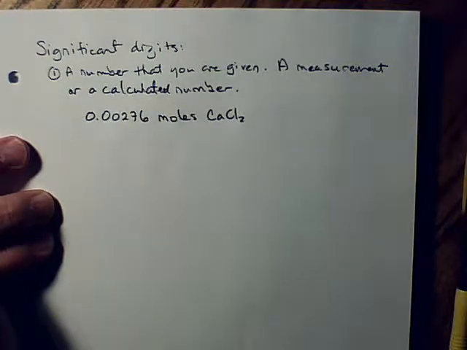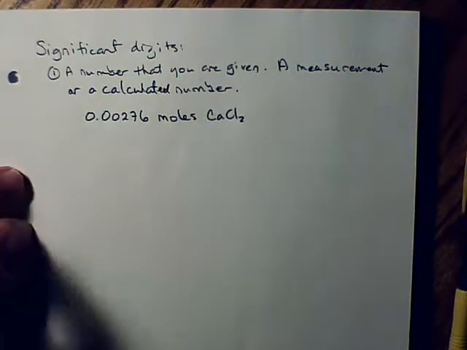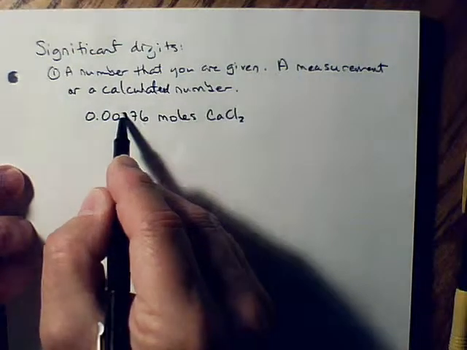And if you're just given this number, this is a measurement. Actually, it's a calculated number because you cannot measure moles directly. Okay? You can measure things like mass. You can measure things like volume. You can measure things like temperature, but you can't measure moles. Okay? At least not the kind of moles we deal with in chemistry. So this is actually a calculated number.